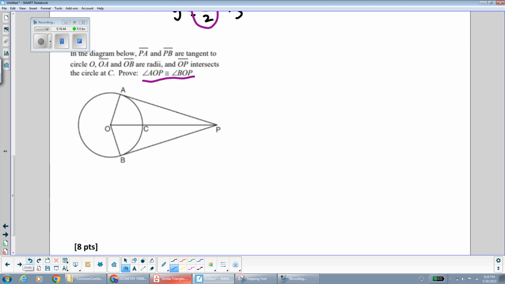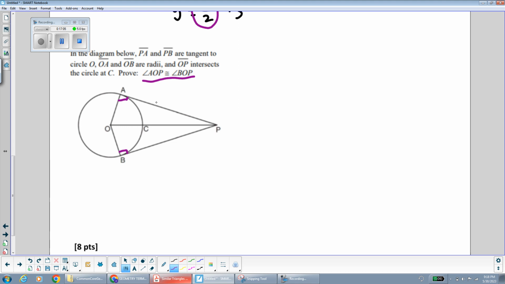Another conclusion that you could have used instead was that a radius and a tangent to the circle are perpendicular where they meet. Since they're perpendicular, we do have right angles, and all right angles are congruent to each other.